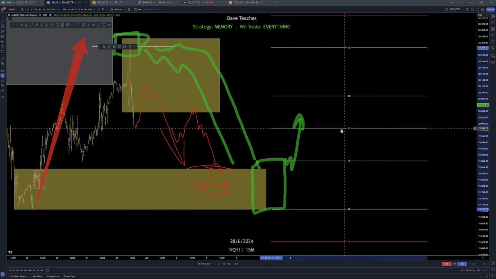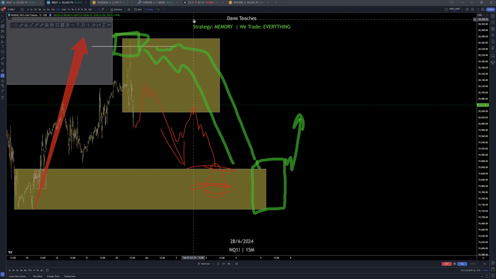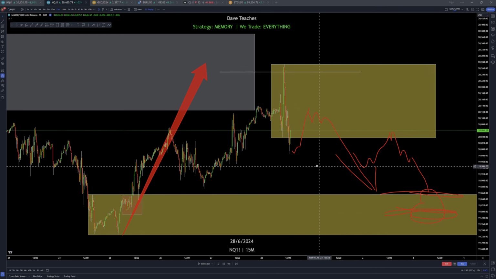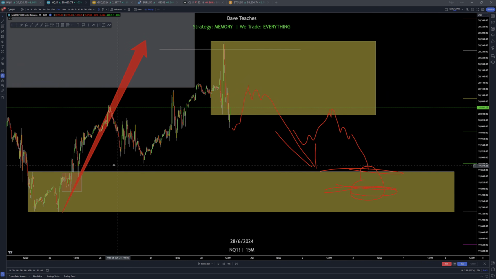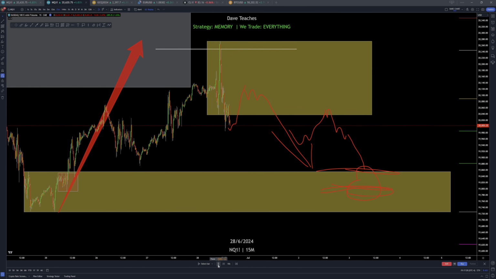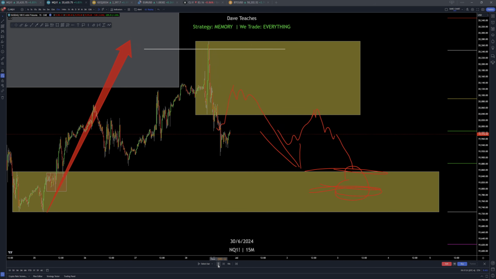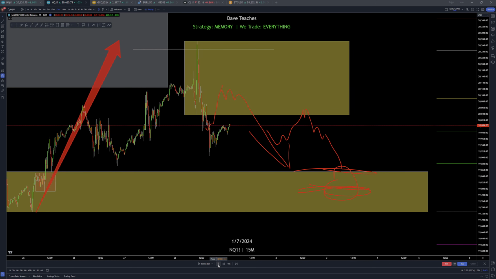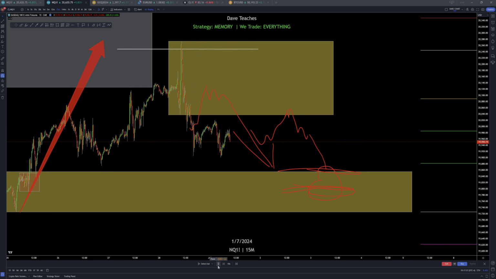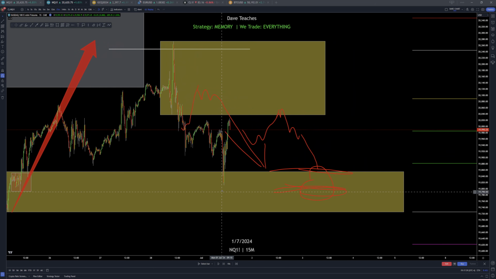What do I mean by that? Well, let me just move all of this forward actually. What I mean by that is that if you move this forward here, you see price move towards the POI and then run right into it.